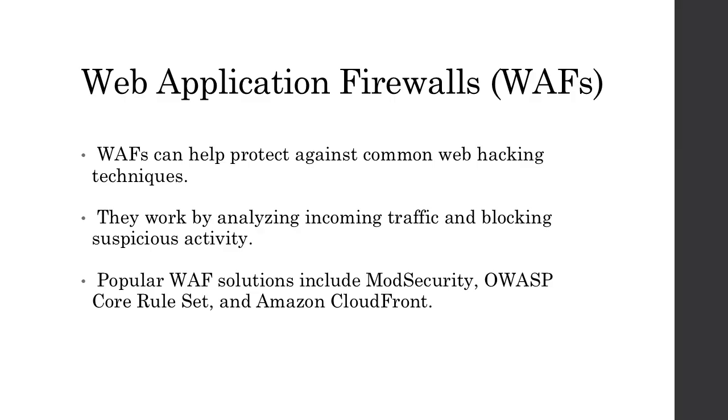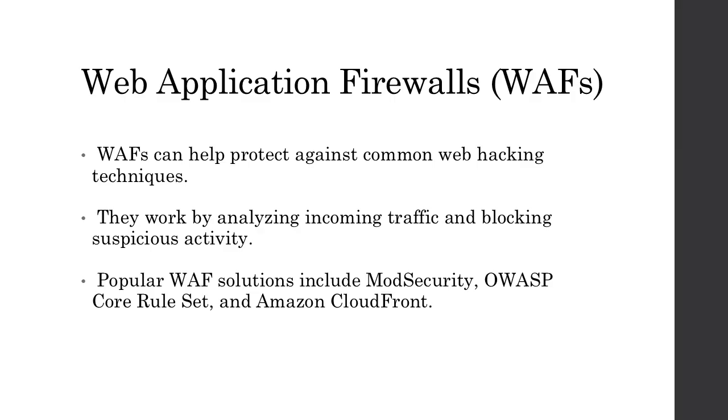How do WAFs work? Imagine you're at a nightclub, and the bouncer checks everyone's ID before letting them in. If someone tries to sneak in without an ID, the bouncer stops them. A WAF works similarly, checking each visitor, or user, who tries to access your website and blocking anyone who looks suspicious. Real-world example.